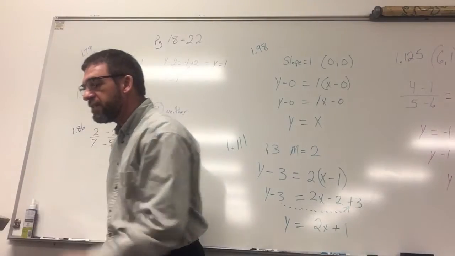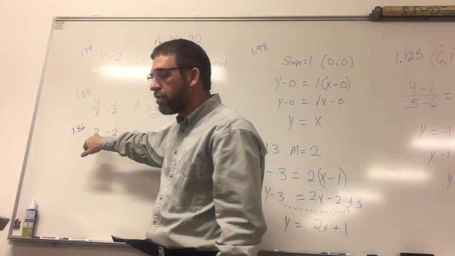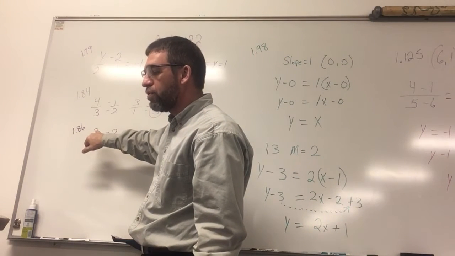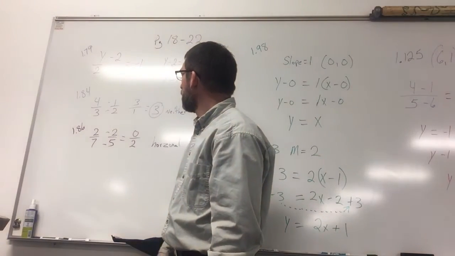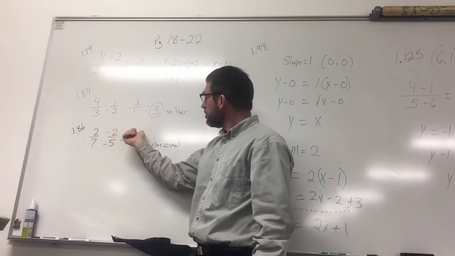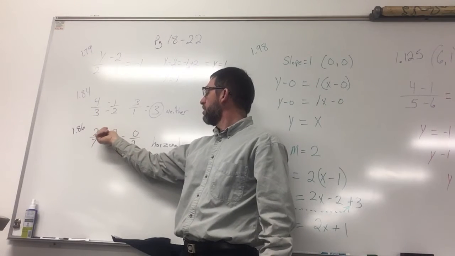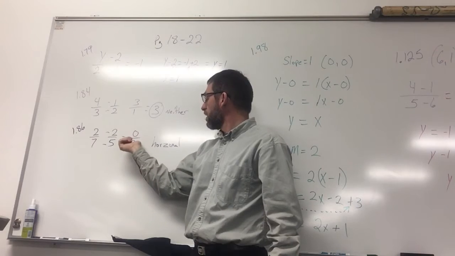I did 1.86 on page 18, and again your numbers were 5 and 2, 7 and 2. So I put the 5 and 2 and the 7 and 2, and I subtracted them, and I come up with a 0 and 2.